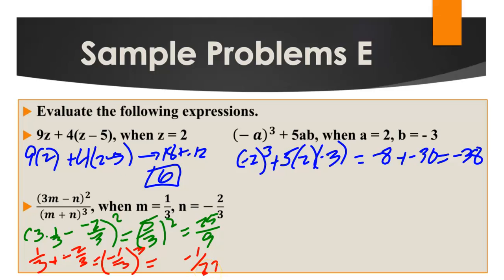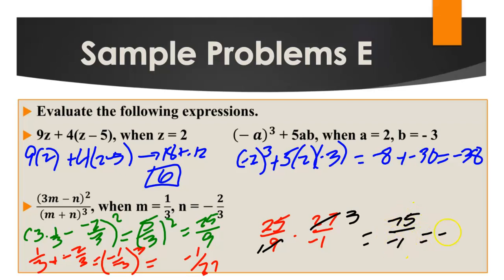And since I'm dividing fractions, I'm really multiplying by the reciprocal. So that'd be 25/9 times 27 over negative 1. And I can simplify here, divide a 9 here, divide a 9 here, and that gives us 3, which will give us 25 times 3, which is 75, divided by negative 1, which will give us a negative 75.